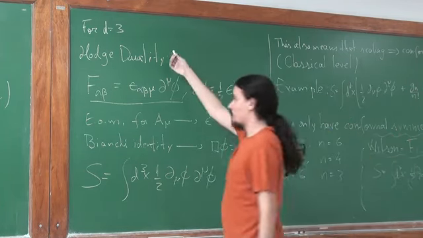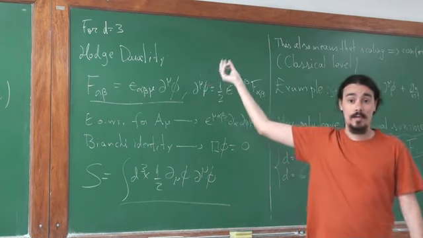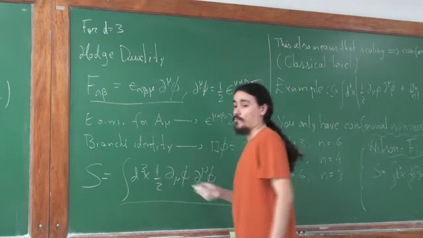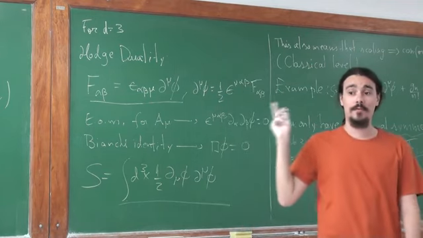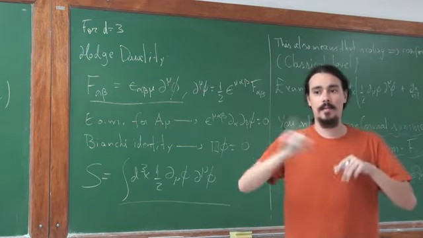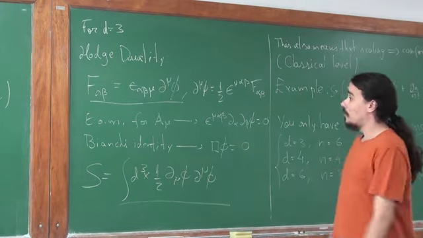So if you use the Hodge duality, we can argue that Maxwell theory is conformal in 3 dimensions. And physically, the scalar field just represents the 1 degree of freedom of the photon, because in 3 dimensions the photon has only 1 degree of freedom. It only oscillates in one direction.